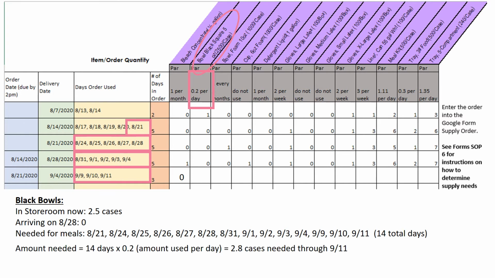Since we have 2.5 cases on hand, we will need to order one more case to get us through the remainder of the days. Plus, we also know by looking at the menu that we need slightly more than 2.8 cases because we are serving the garlic breadstick dipper on September 10th, and we will need more black bowls for that entree.